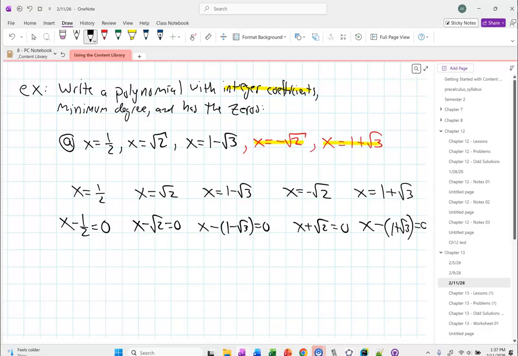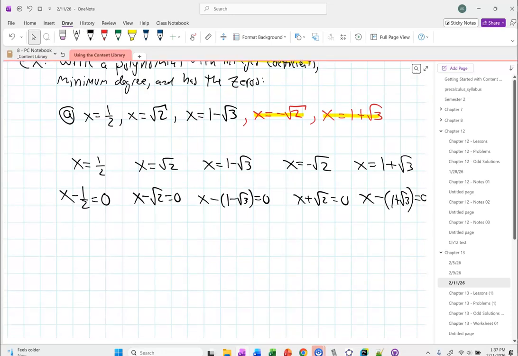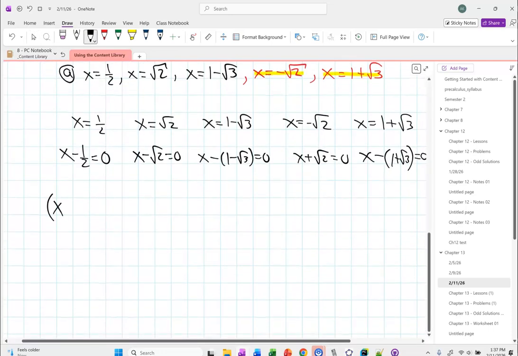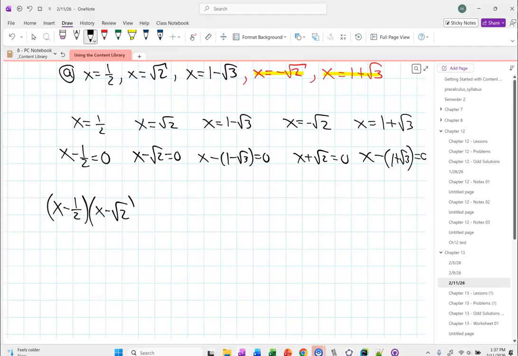Each of them is equal to 0. Agreed? If I multiply them all together, what are they still going to equal? Still going to equal 0. Which is good because that means I still keep all the zeros that I need in my polynomial, right?